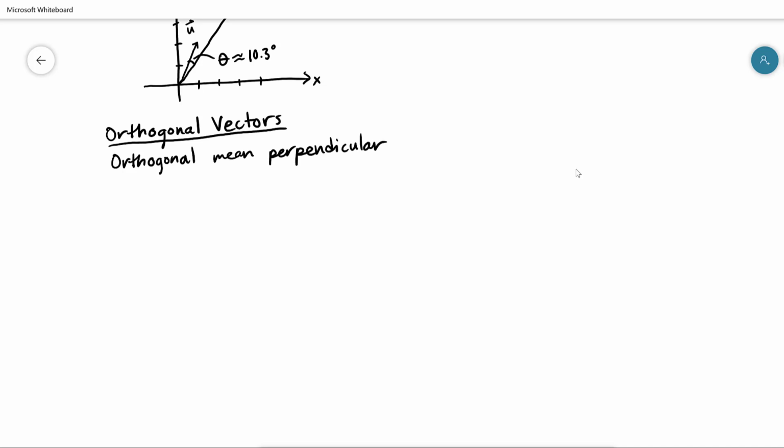And perpendicular, so again, this is at least in 2D, meaning these two things are basically 90 degrees apart. Right? This is the symbol that we often use for perpendicular.